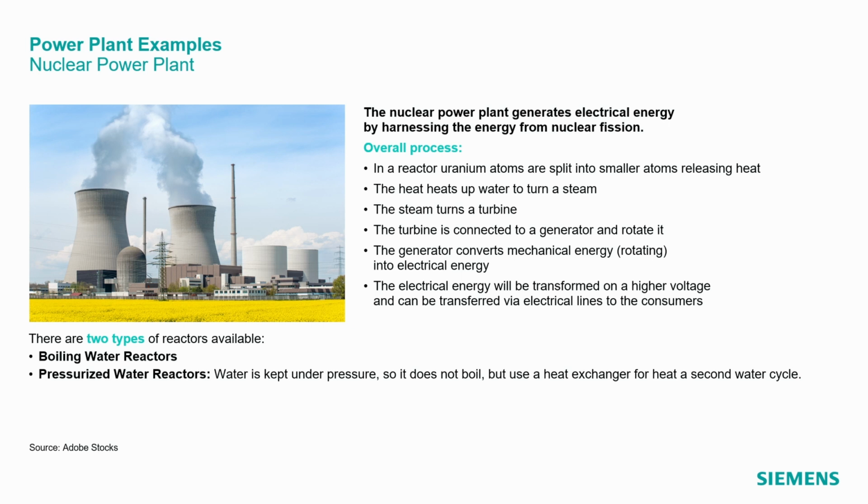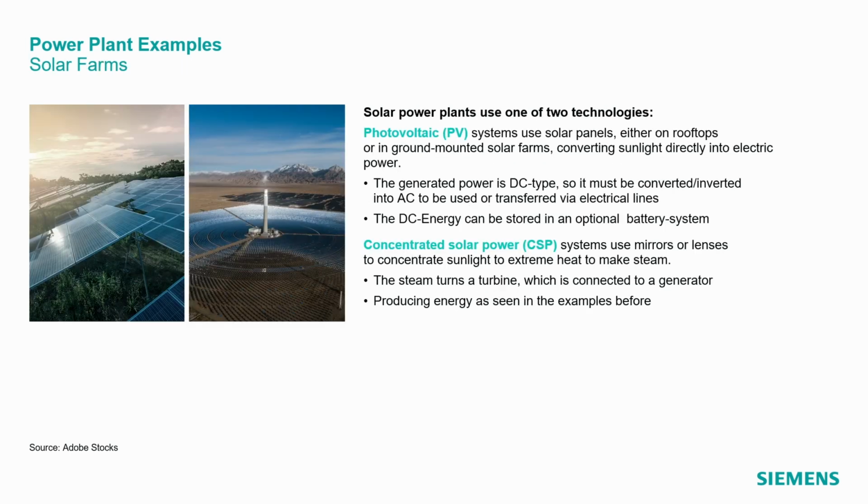Now we come to another non-rotating way of producing electrical energy, the photovoltaic solar farms. PV, photovoltaic, is a version of power plants in this webinar which does not produce AC, alternating current, by rotating turbines, but produces DC, direct current, by converting sunlight in solar panels into DC by solar modules.